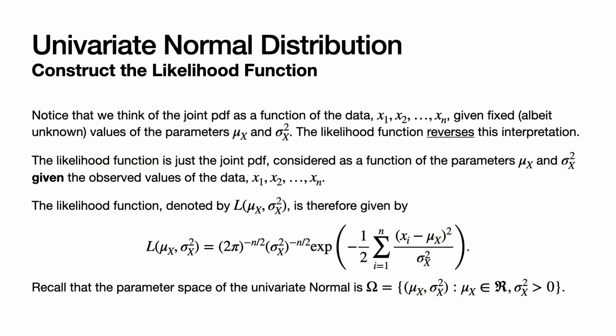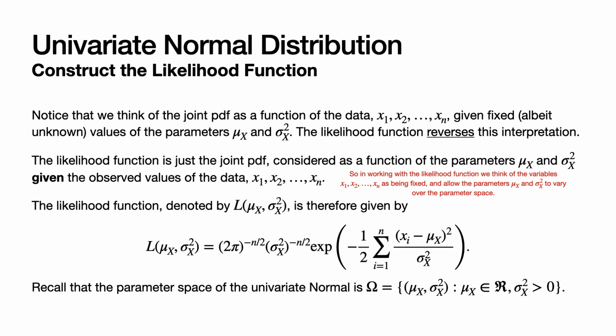So again, we think of the joint PDF as a function of the data, little x1 through little xn, given fixed, albeit unknown, values of the parameters mu sub x and sigma squared sub x. The likelihood function reverses this interpretation. The likelihood function is just the joint PDF, considered as a function of the parameters mu sub x and sigma squared sub x, given the observed values of the data x1 through xn.